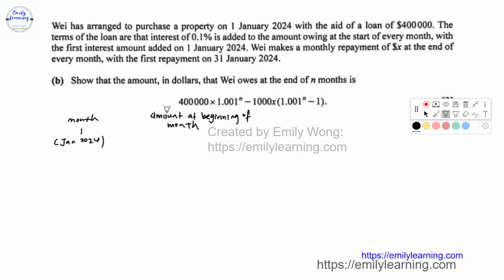At the beginning of the month, there will be a 0.1% interest being added. Then we also have amount at end of month, where Wei will make a repayment of X dollars.